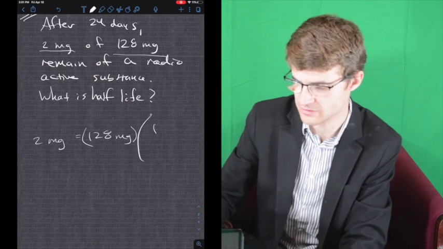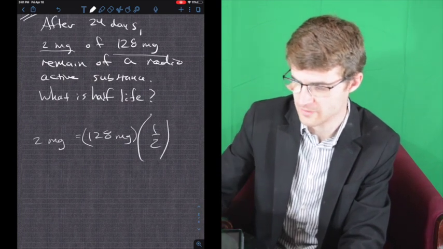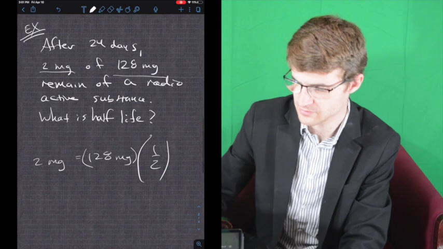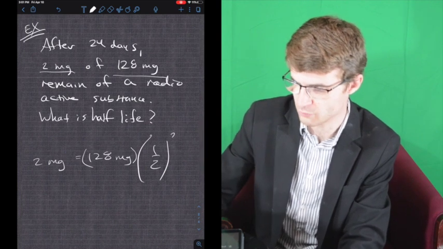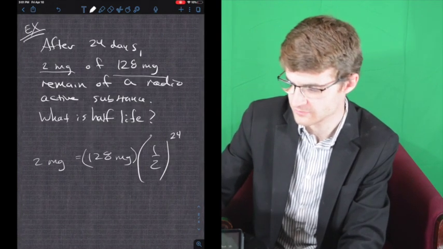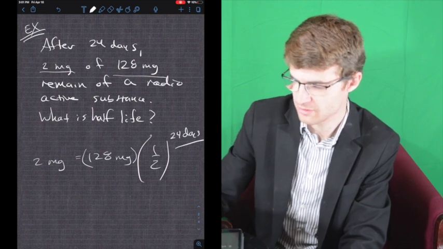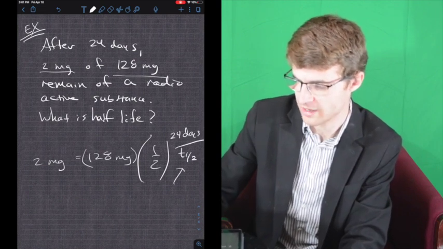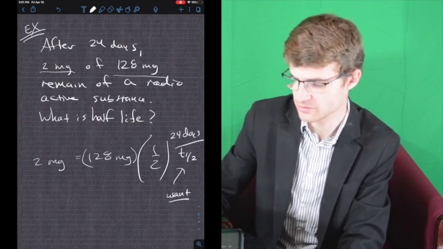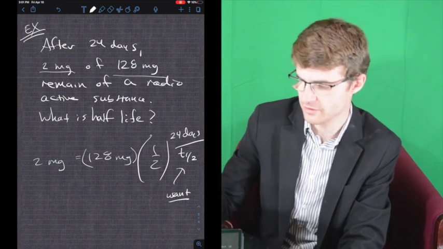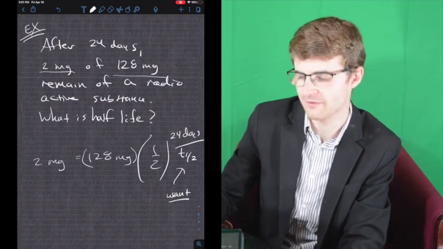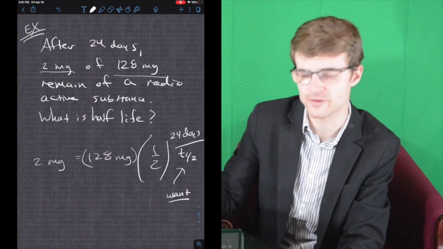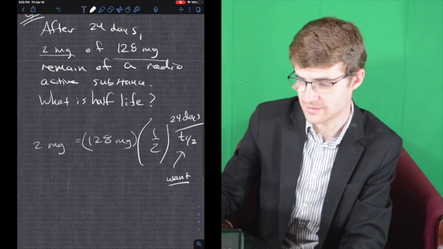I'm going to multiply this again by that factor 1/2 to the t over t naught. We've waited 24 days, and we are looking for the half-life. That is what we want. So the question is, how on earth do we get to that half-life if it's stuck up there in the exponent? So let's practice that first of all.